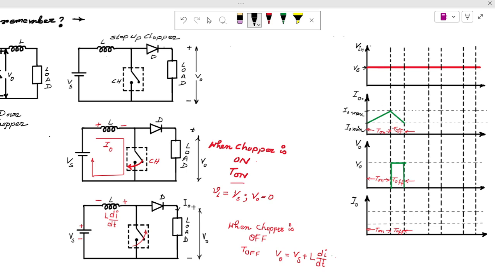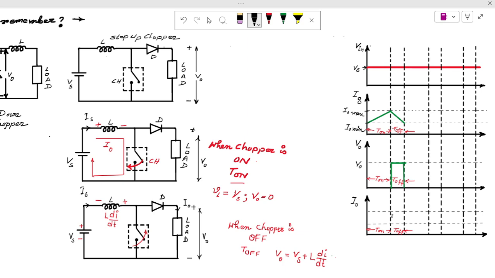This will not be the I0, this will be the Is, that is the supply current. Here it will be the supply current. Here supply current and I0 will be same. But here supply current and I0 are different, you can see. What will be the current through the load?